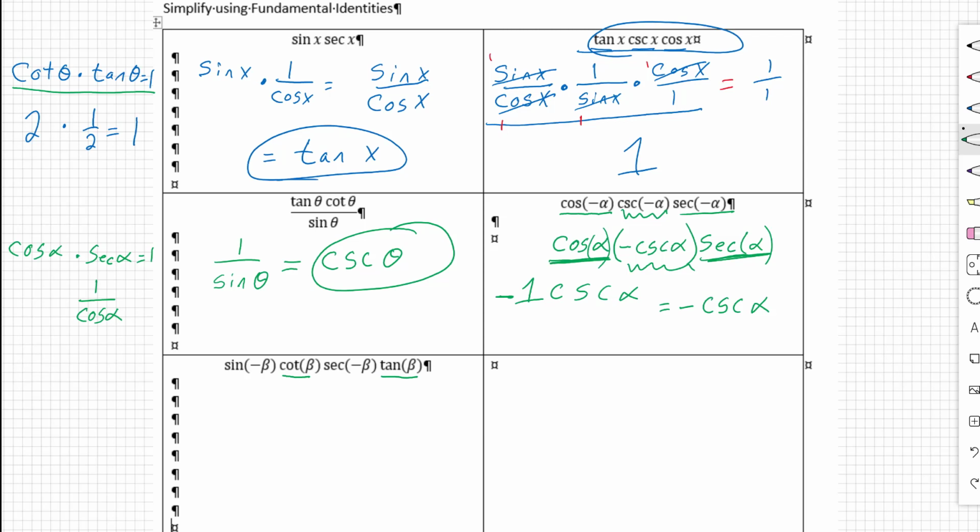So we can think of this as sine negative beta times secant of negative beta. And using our even and odd properties, sine of negative beta would be negative sine of beta. And secant of negative beta, well, that's an even function, so it's just going to be plain old secant beta.